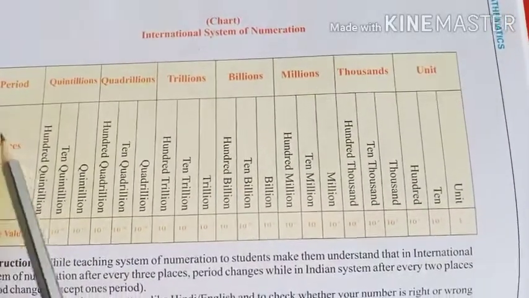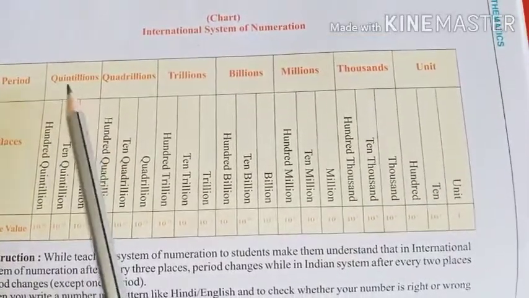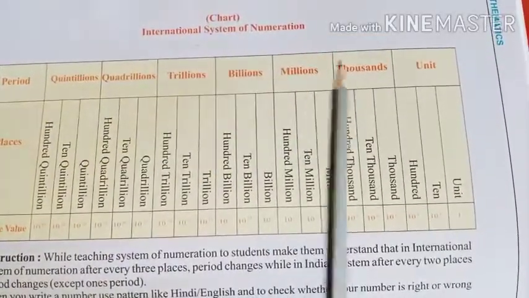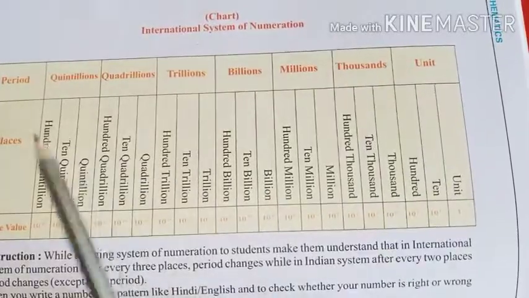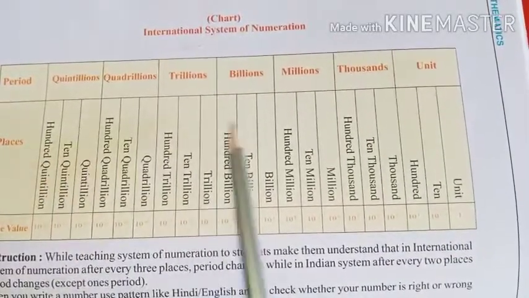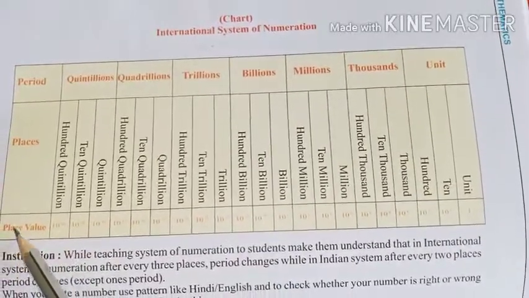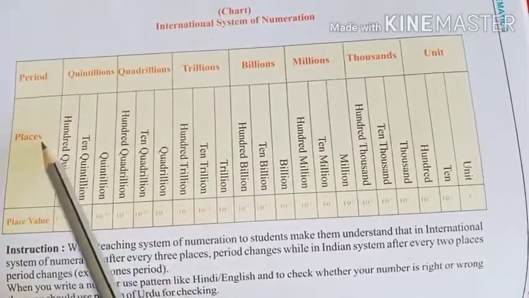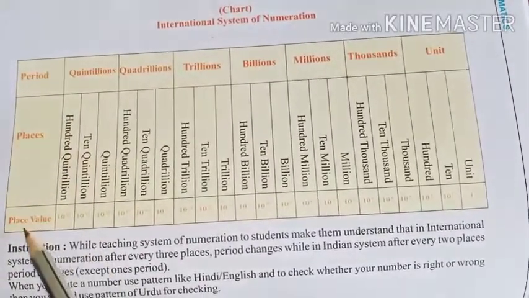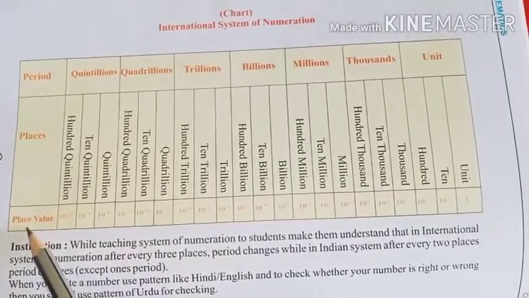Okay, see, this is a period. How many periods are there? 1, 2, 3, 4, 5, 6, 7, total 7 periods. And this is called places and this is called place value. Okay, 3 parts are here: first period, second places and third place value.